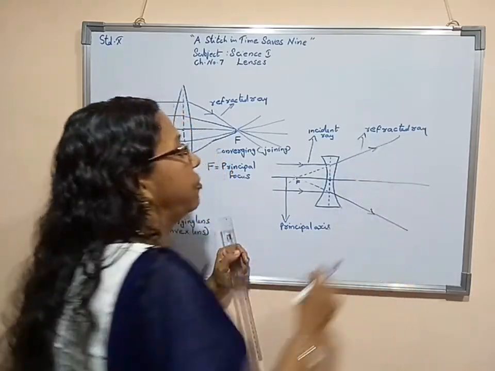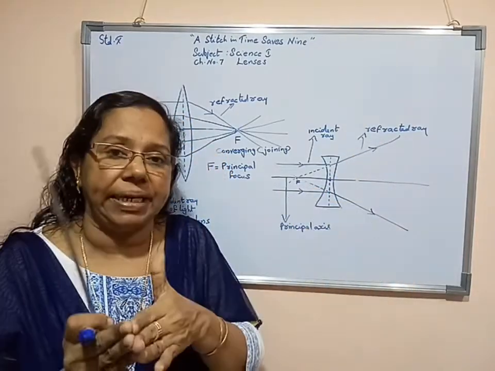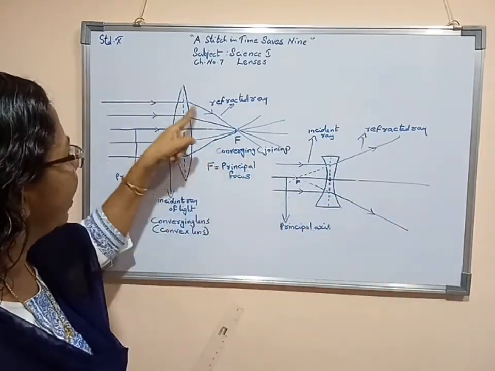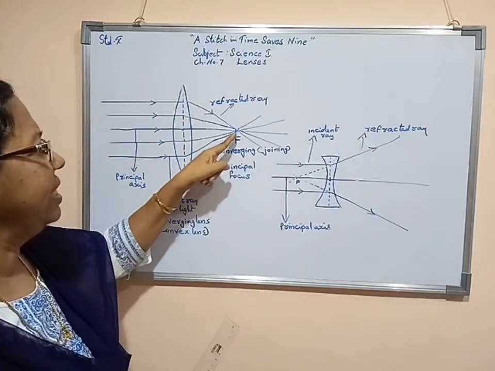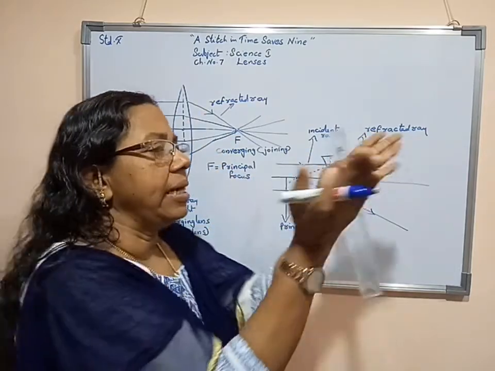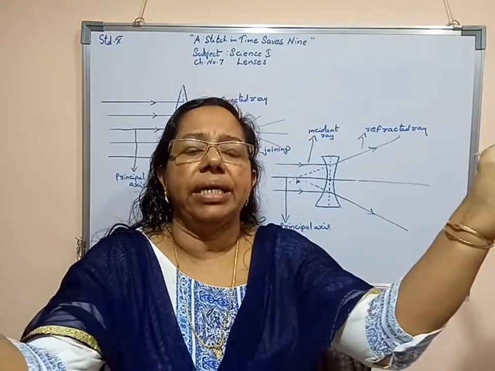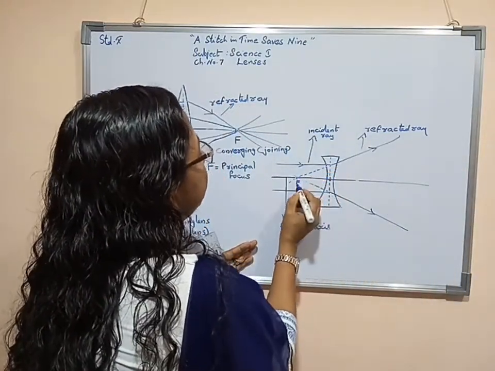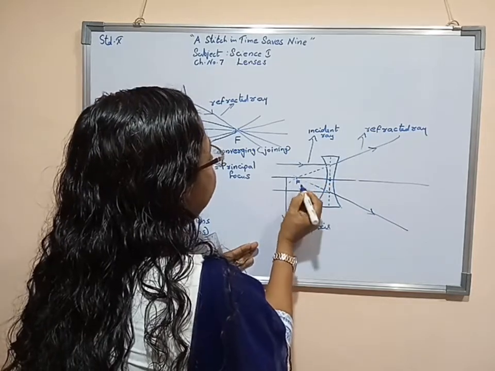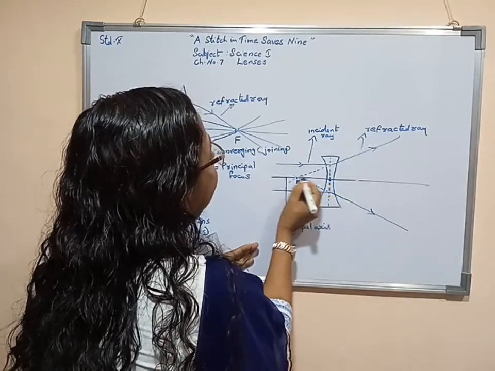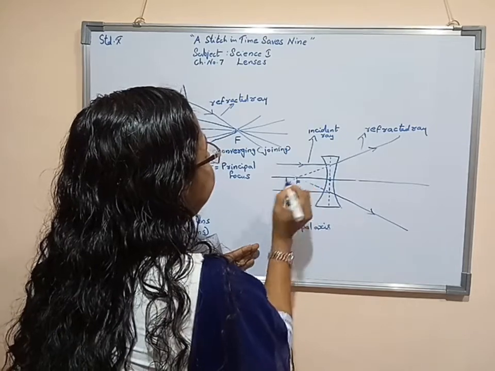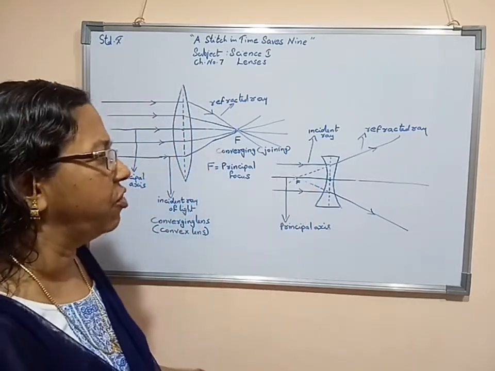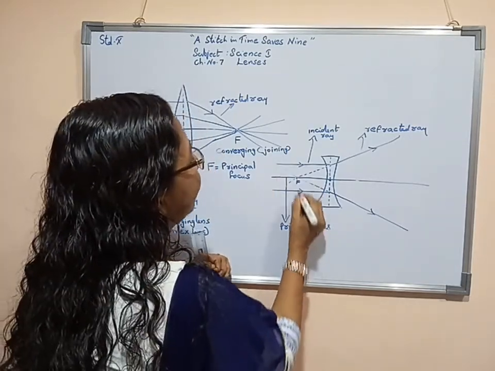Actually the refracted rays are not meeting. Here, you see that refracted rays met each other. But here refracted rays are diverging and going. So what we are doing is developing them backward. Where it comes and joins, we can see that these are imaginary lines, and that is the principal focus of the concave lens.